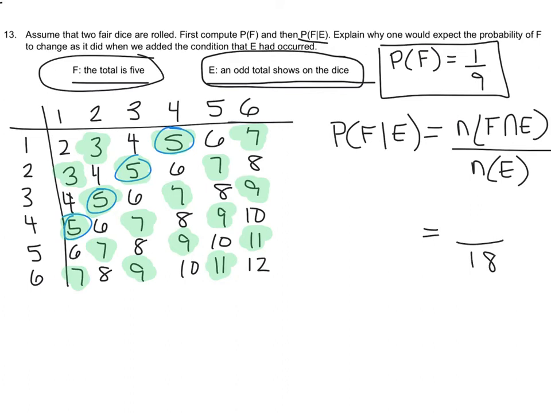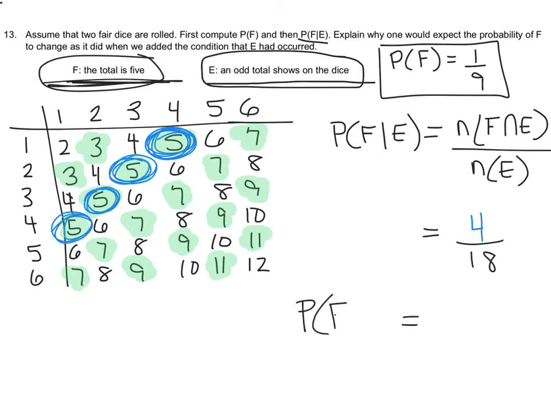From those highlighted sums, we want to pick out the numbers that have a total of 5, because we're trying to figure out the number of sums that are 5 and odd. If we look, we have 1, 2, 3, 4. 4 times that a 5 occurs amongst those odd totals. So my numerator is 4, and my conditional probability of P of F given E is just 4 over 18.